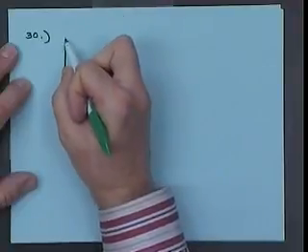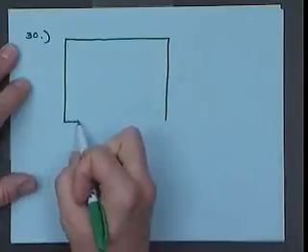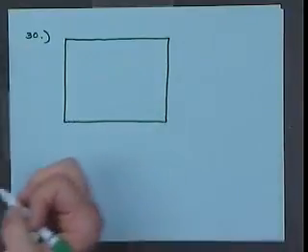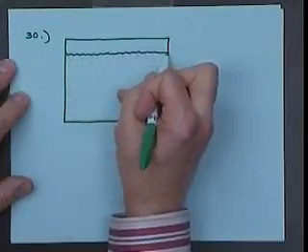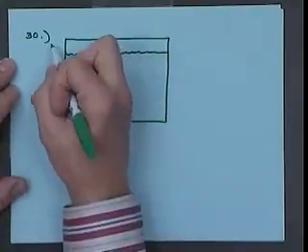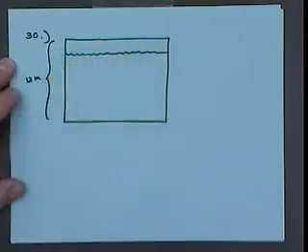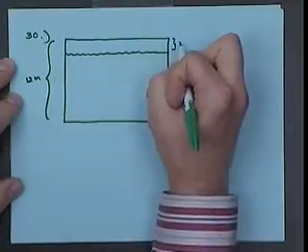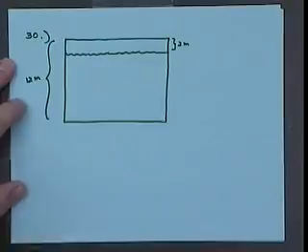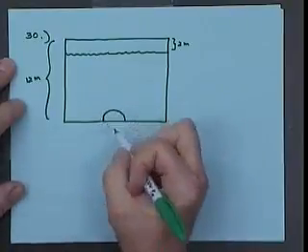All right, so here's what the picture looks like. So the water level is right here. This is 12 meters. Here's the gate down here.